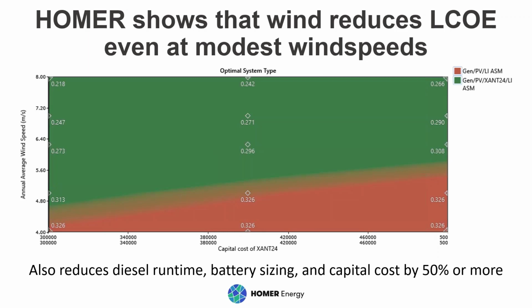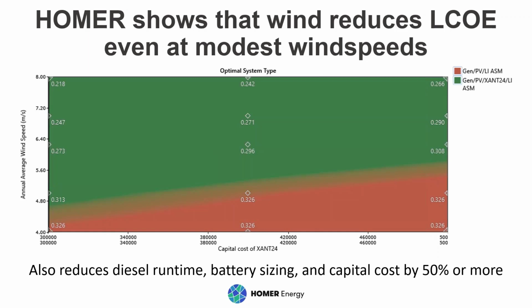That's a total installed cost, including shipping, installation, all the logistics. So Homer requires that total installed cost. Now, if you've got logistic problems, challenges, and there's all kinds of situations where the total cost might increase. So that's the x-axis, and the y-axis is the average annual wind speed.